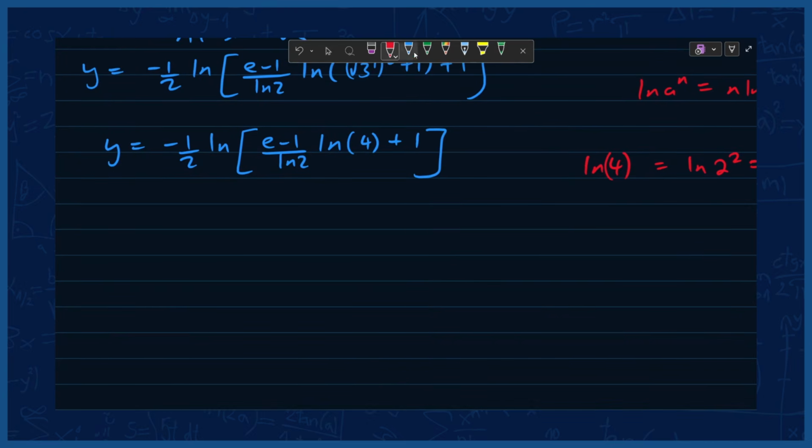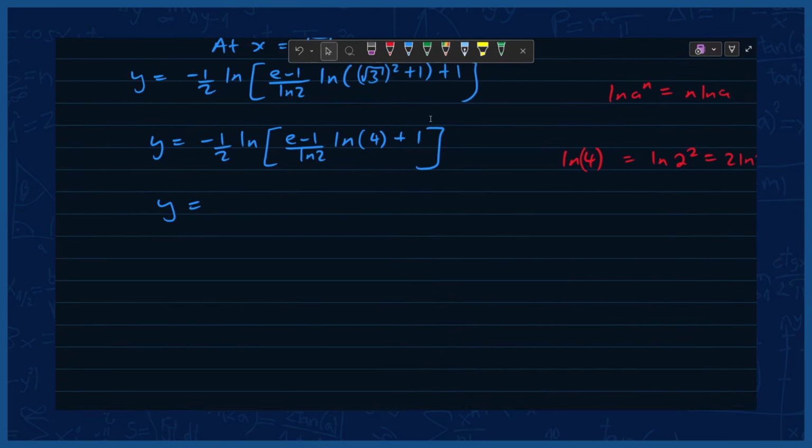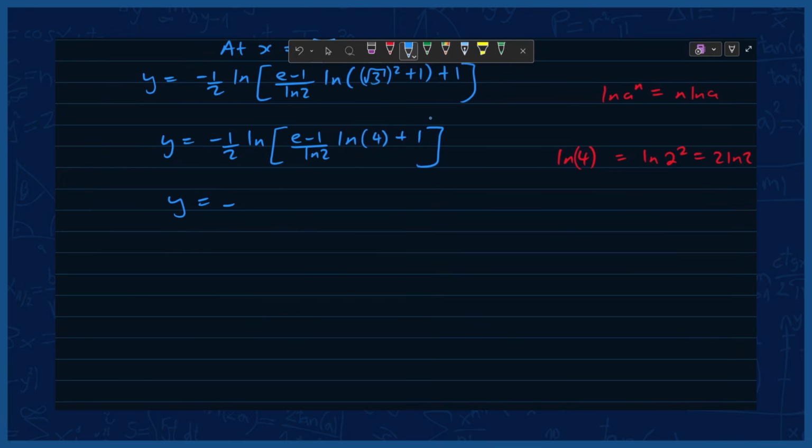So what we're saying is that this here becomes negative 1 over 2 ln of e minus 1 over ln 2 multiplied by 2 ln 2, plus the 1, okay, and we know our ln 2's cancel out there.